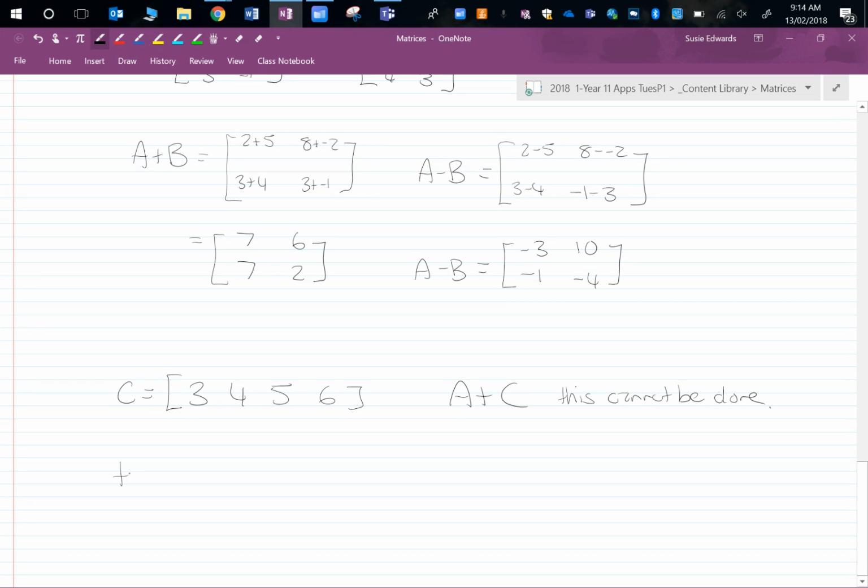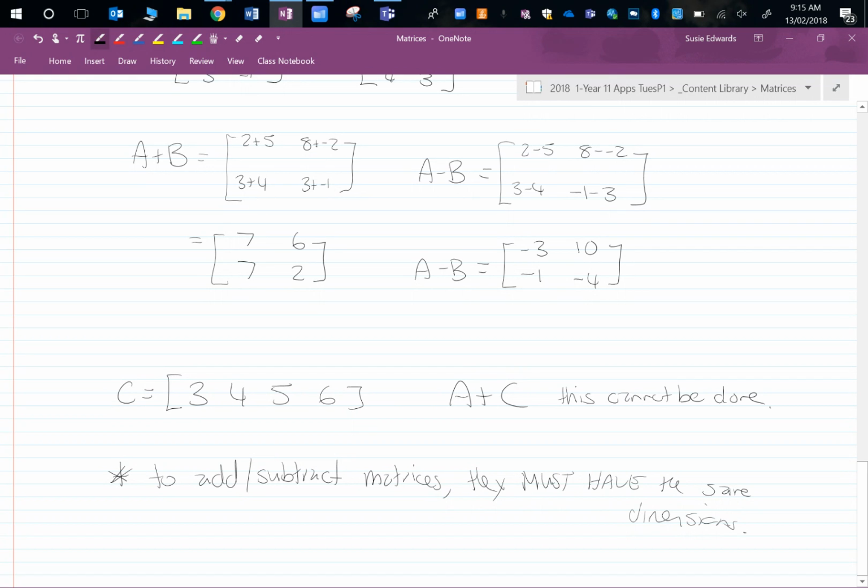So can we just write asterisk, do something which says to add and subtract matrices, they must have the same dimensions.